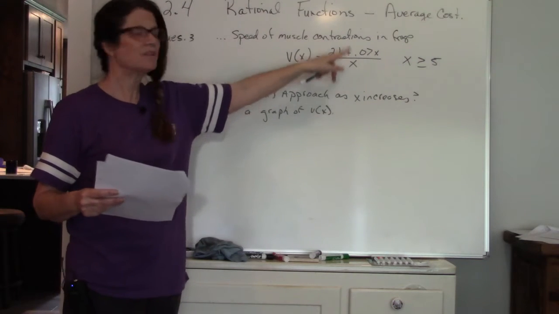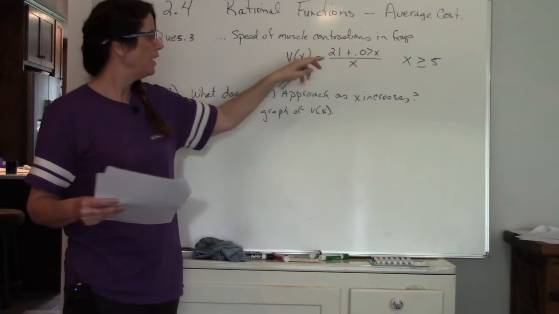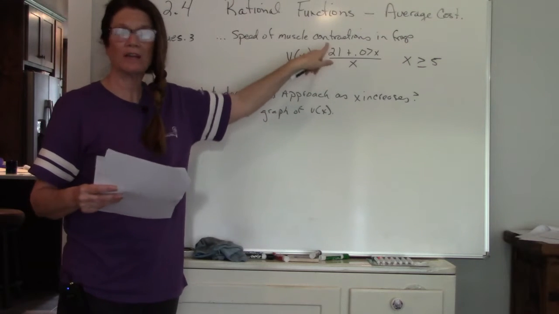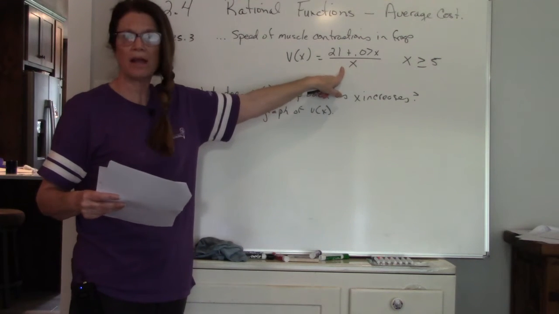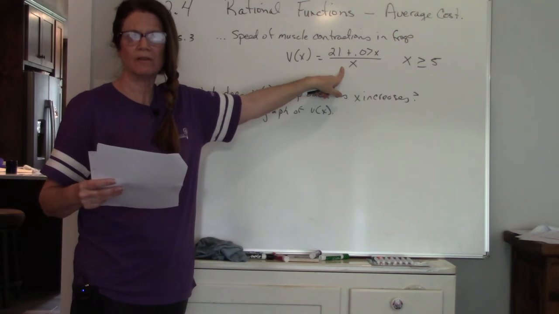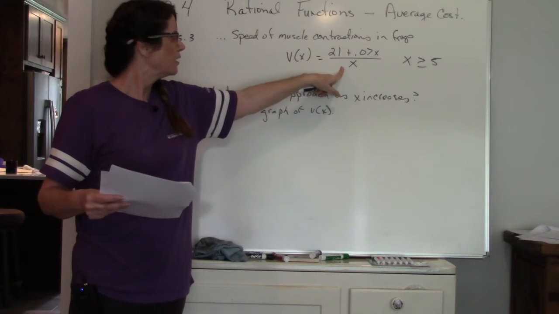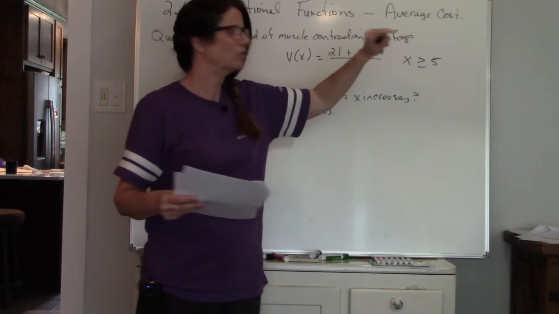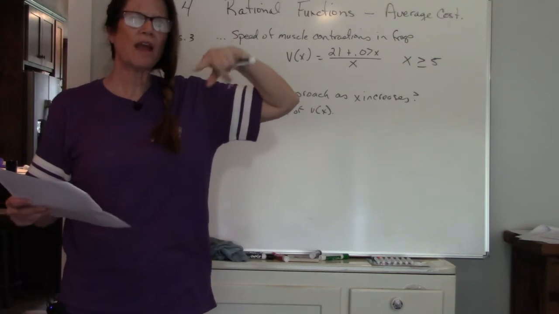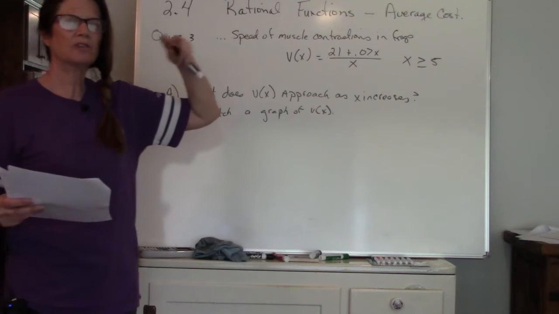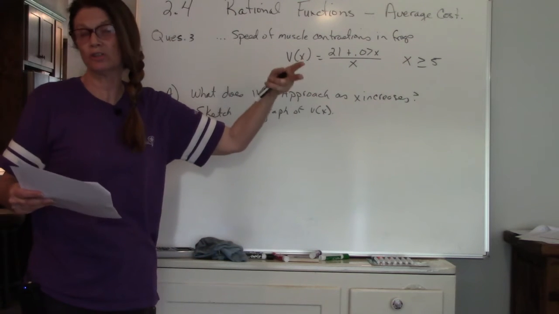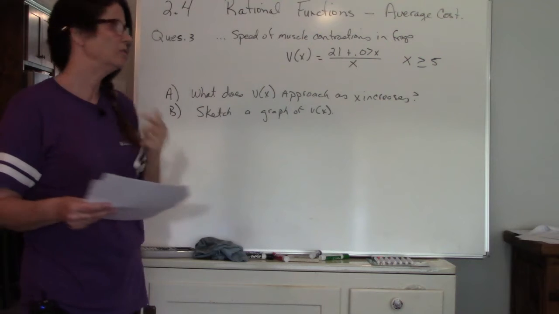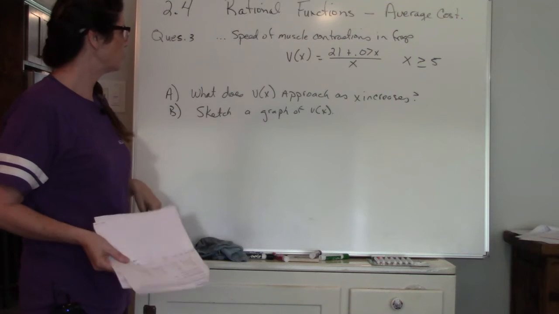So as you notice, it's a rational function, right? It's actually an average because we took the total and we divided it by the number of loads in grams. So it's a rational expression. Our domain is x is greater than or equal to 5. So that means that the number of grams is greater than or equal to 5. That's how much load we're putting on this muscle to do the study.